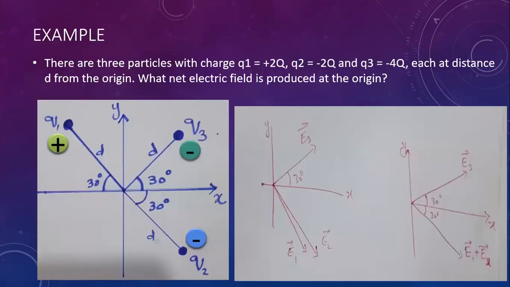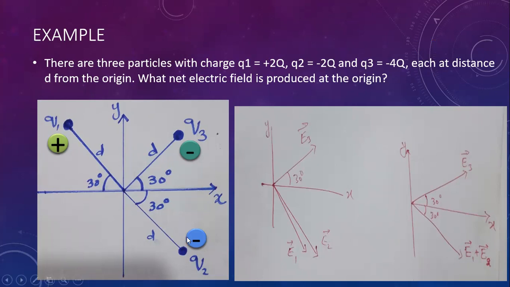Okay. So now we solve an example. In this example, there are three particles with charges Q1 is plus 2q, Q2 is minus 2q, and Q3 is minus 4q. Each is at a distance d from the origin. We want to find the net electric field produced at the origin.